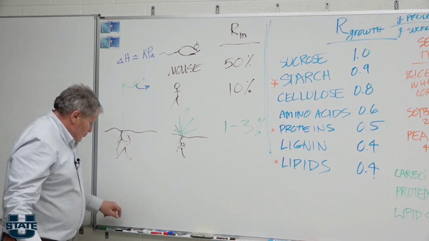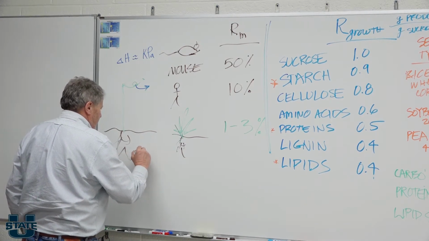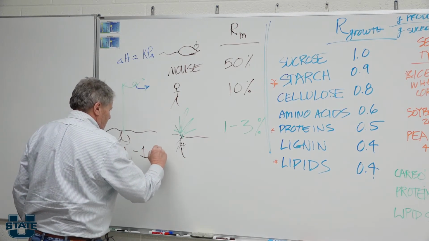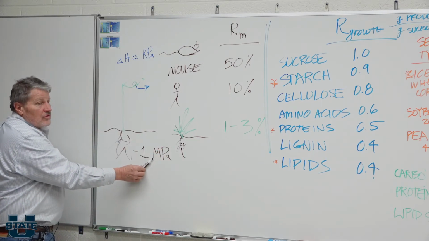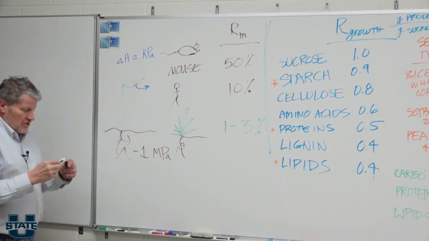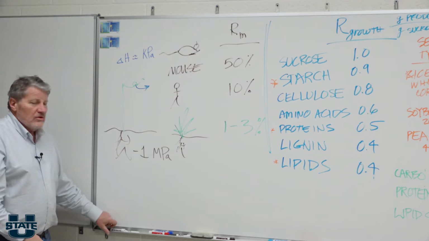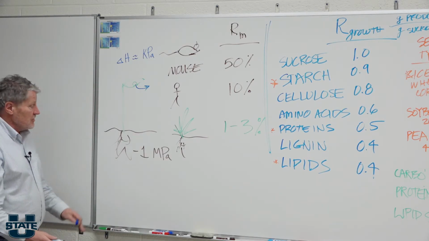But down here in the soil, we're drawing water out of roughly -1 megapascal. This is 1,000 times bigger suction than this gradient up here. How can this be? It's all SI units, so we can make nice comparisons.